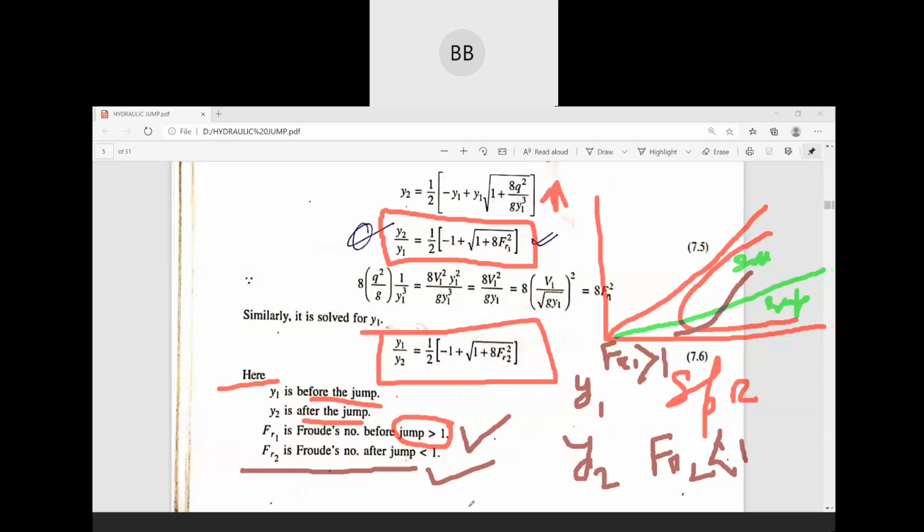So a hydraulic jump occurs when the flow changes from supercritical to subcritical flow. So you write down this expression.